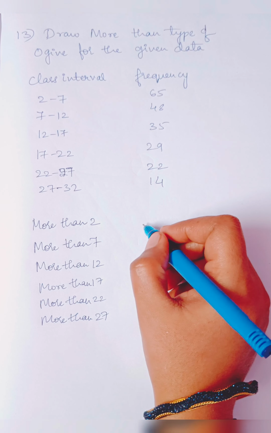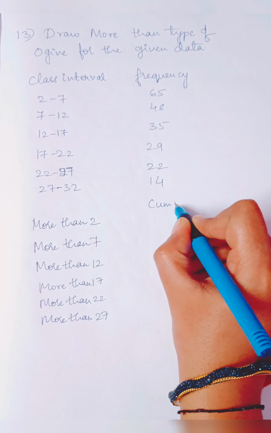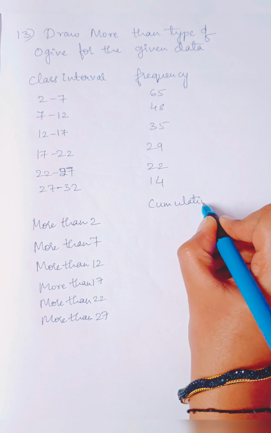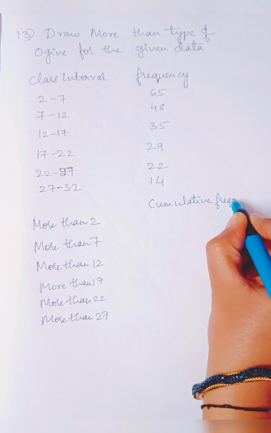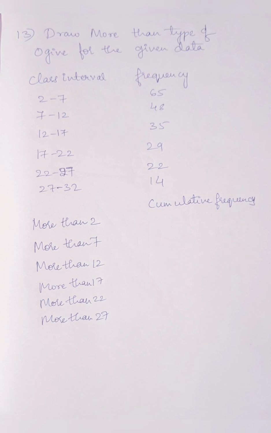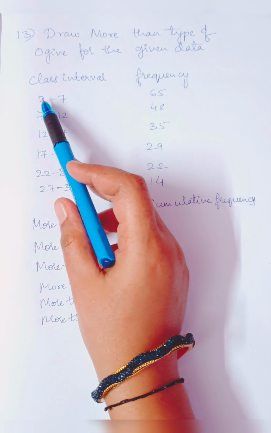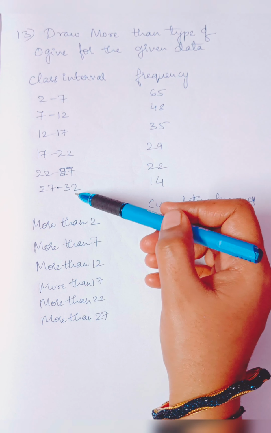Find what? Cumulative frequency for this. So I'm going to find the cumulative frequency. Okay. So how to find the cumulative frequency? More than 2 in the sense it starts from here until here.